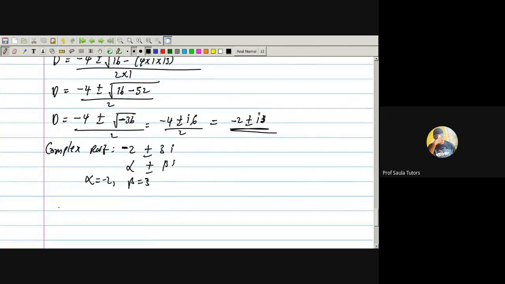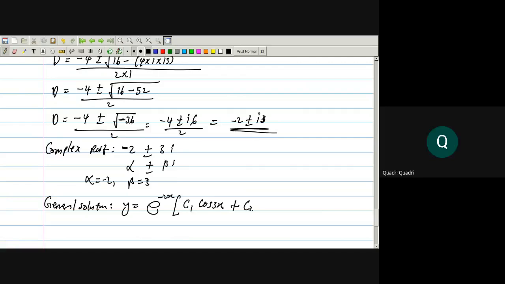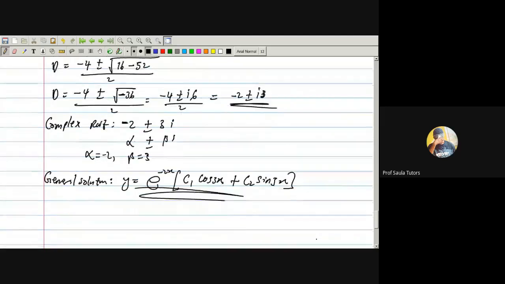My general solution will be e raised to power minus 2x, times C1 cos 3x plus C2 sine 3x. Simple. That's how to solve it. It's not hard at all. That's everything.